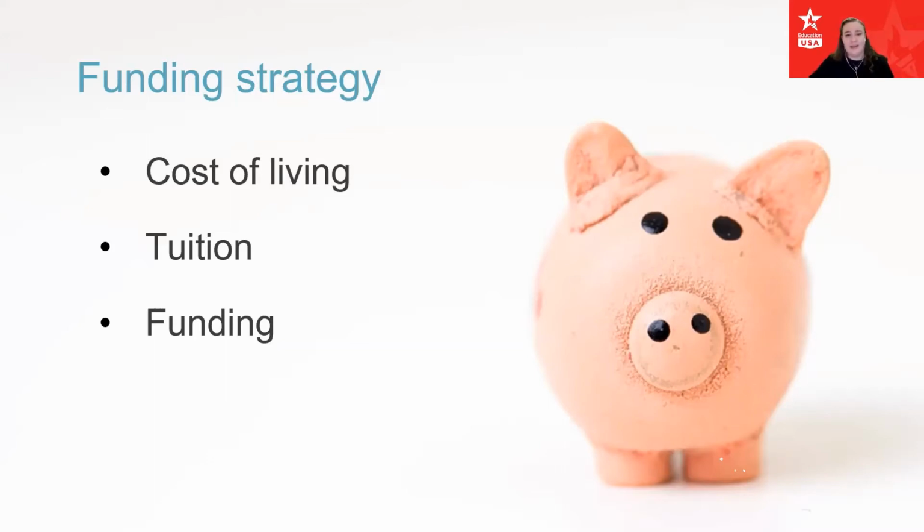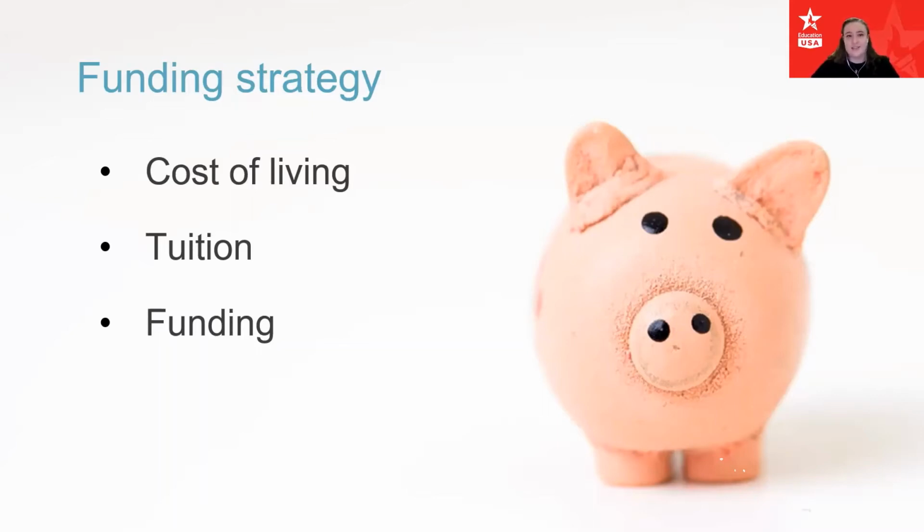And again, if you're unsure, definitely have a look at the personal expenses or cost of living expenses listed within the cost of attendance tables that I just showed you, because that'll give you a good guide to what the cost of living might look like as a student. Secondly, you can also look at programs with lower cost of tuition, and I'll give you an example of that on the next slide.